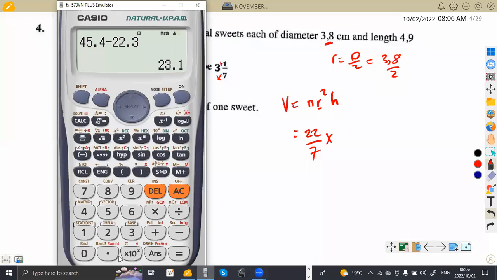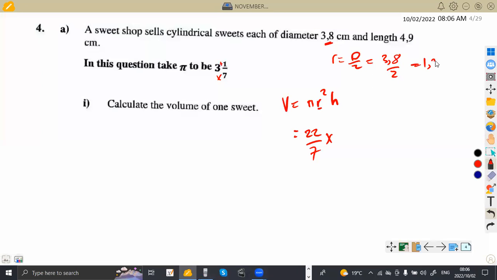So if we divide here, 3.8 divided by 2, this is going to give us 1.9. So we're going to have 1.9 centimeters. So it's going to be 1.9 squared times the length now, which is the height of 4.9.